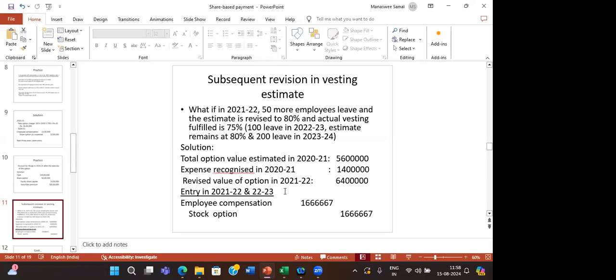Then it essentially means your P&L has to be now credited with 10 lakhs of income to bring that correction, which is a highly undesirable consequence of this accounting because you are giving some shares in recognition of the service. So the value of the service today is negative.